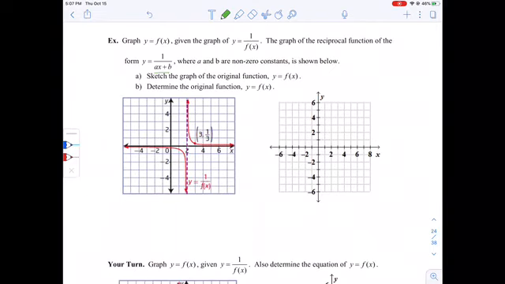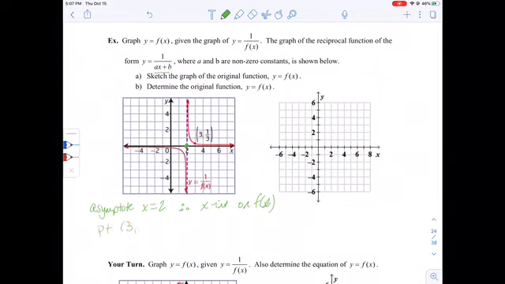If I wanted to sketch the graph of the original function, I instantly know that where I have an asymptote at x is equal to 2, I therefore have an x-intercept on f of x, our original function.